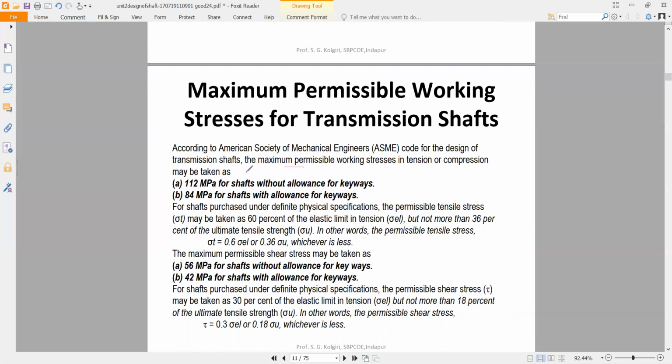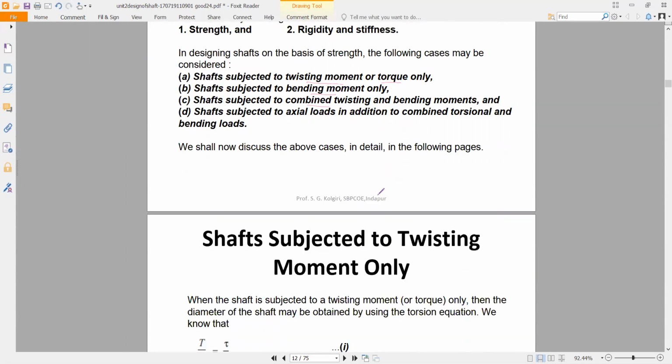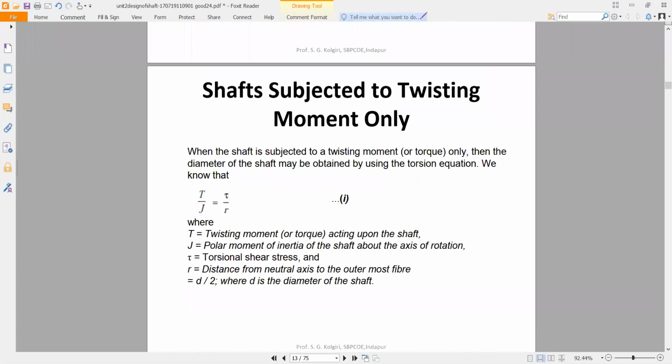But I don't think this will apply to your assignment, because the force applied in yours will be less. We can use SolidWorks to do simulation afterwards to check whether it exceeds the maximum value or not. Your shaft may be under twisting moment only, torsion, bending, or combined. These are basically the types of force that will apply. Now we go to some formulas.